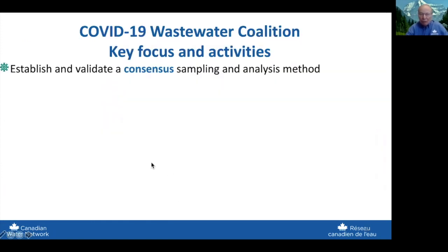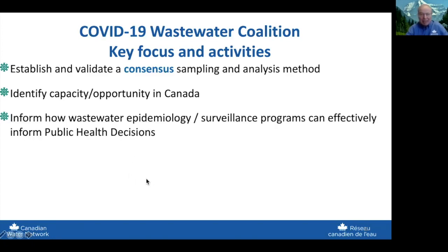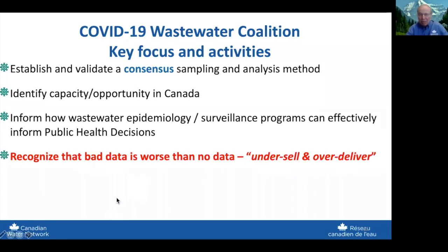So the coalition itself was established to try and validate a consensus sampling and analysis method, identify the capacity and opportunity for doing this in Canada, and inform how wastewater epidemiology and surveillance programs could ultimately inform public health decisions. But we've stressed with our participants that bad data is worse than no data, and we encourage our investigators to undersell and over-deliver.